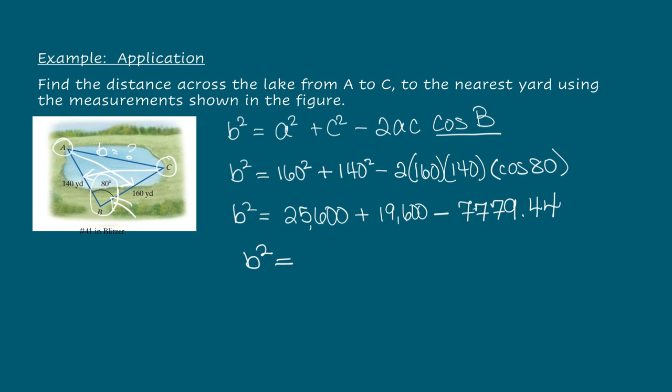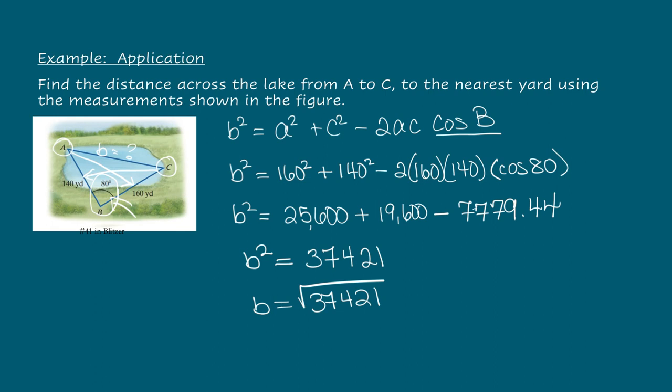Grab your calculator. You should get 37,421. I rounded, and I get B equals the square root of 37,421, because in order to isolate B, I need to take the square root of both sides. I want to round to the nearest yard when I take the square root.